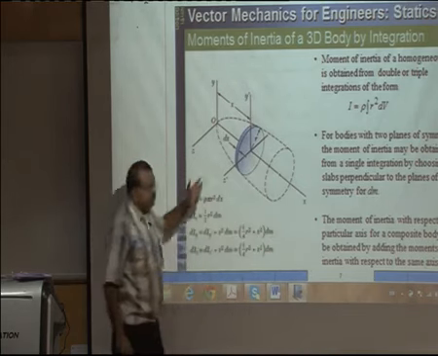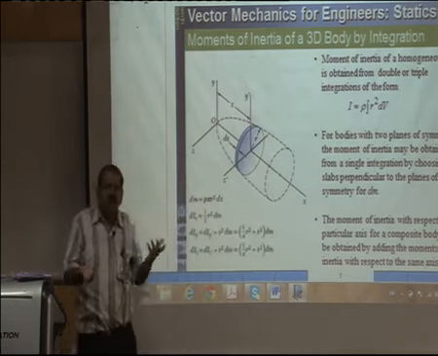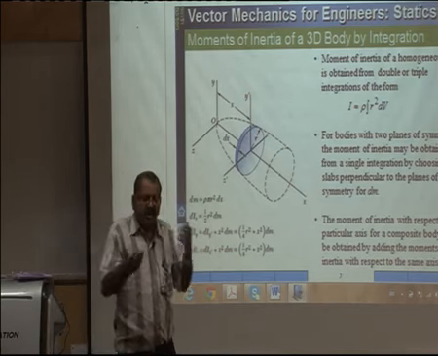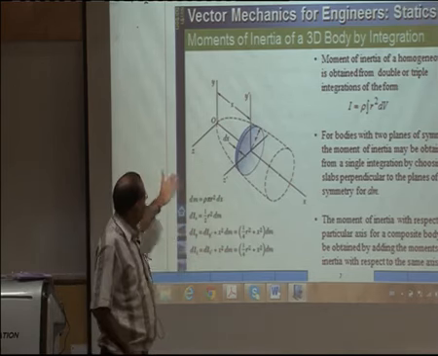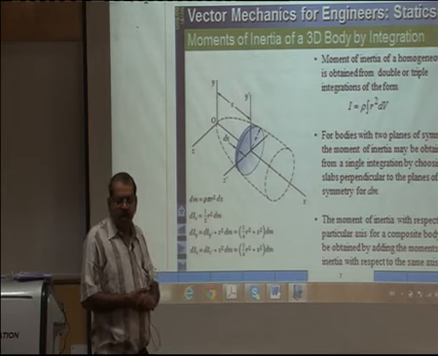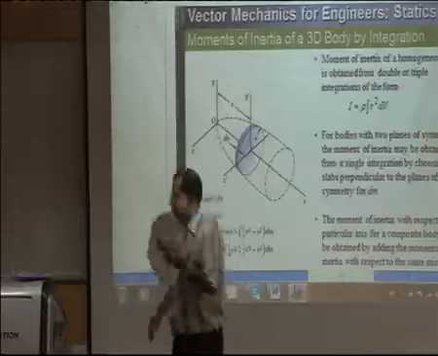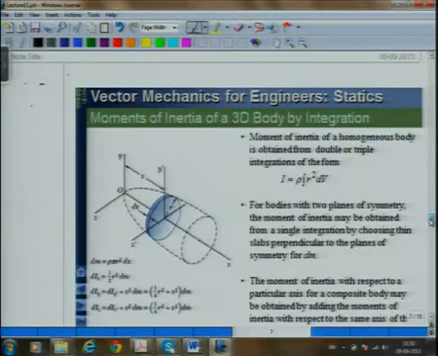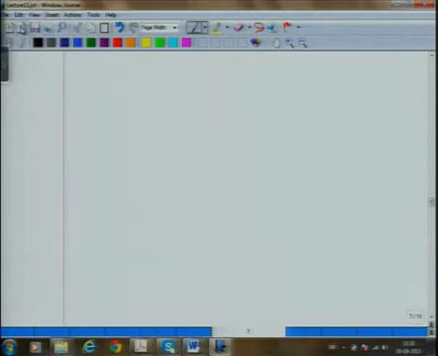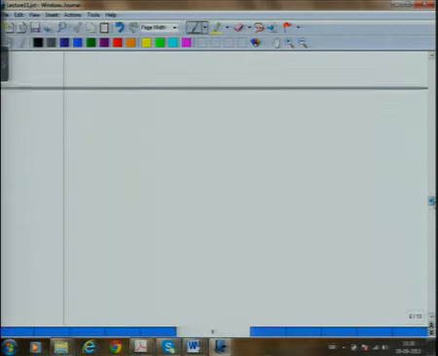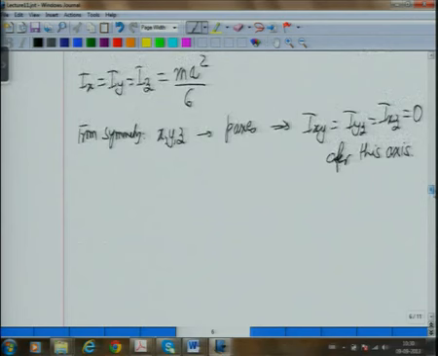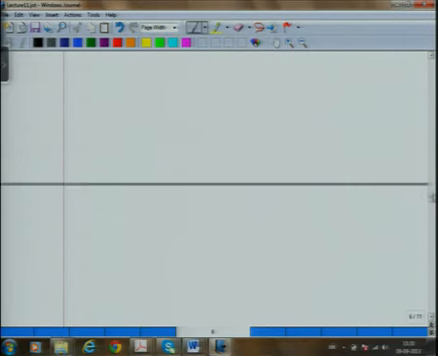For each of these simple bodies we may know the moment of inertia, and then we can integrate that to work out the moment of inertia for the total body. I have already said this, I do not think I will complete the argument, you must have followed that. So, now let us see.